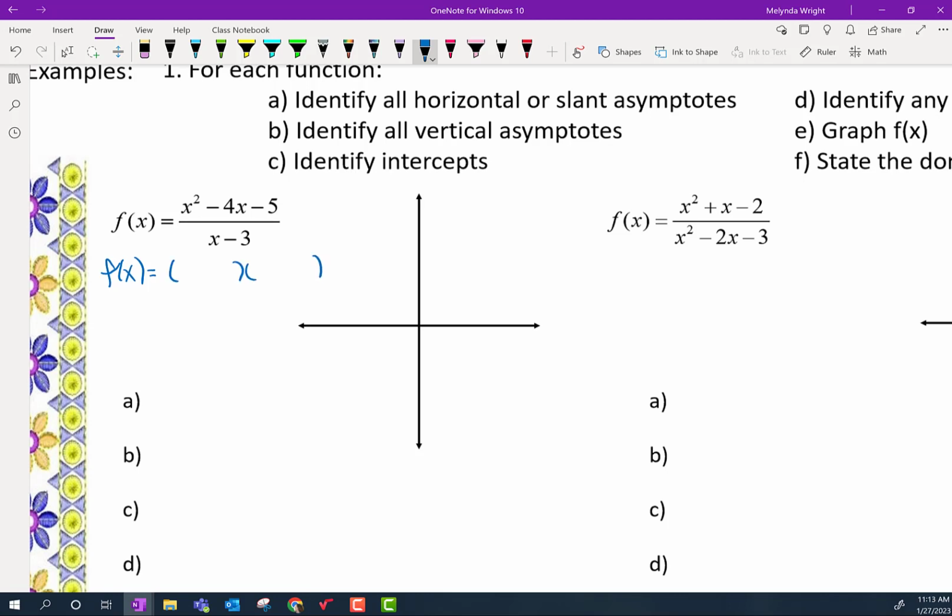My numerator, x and x, the sign is negative, so our signs have to be different. That would be a 1 and a 5. And the denominator is perfect. You can't factor that. So there's really nothing to cancel out. We don't have common factors in both the numerator and denominator, so this is not going to have a hole.